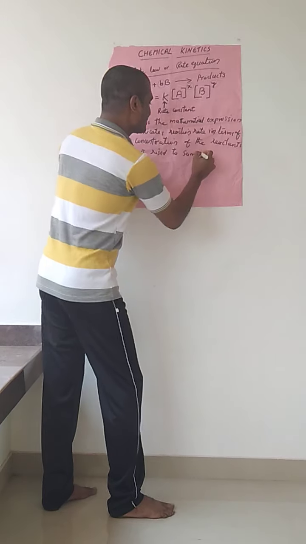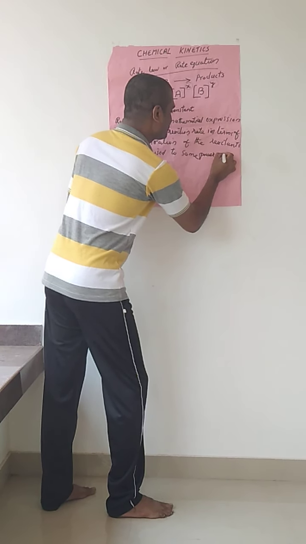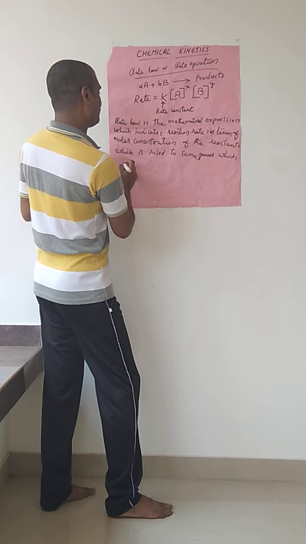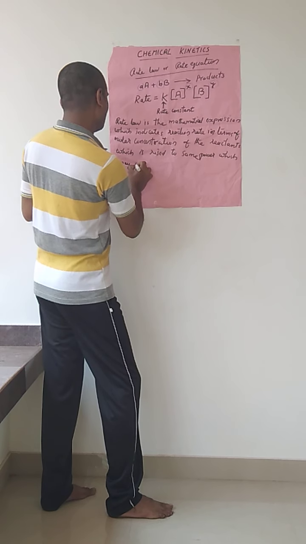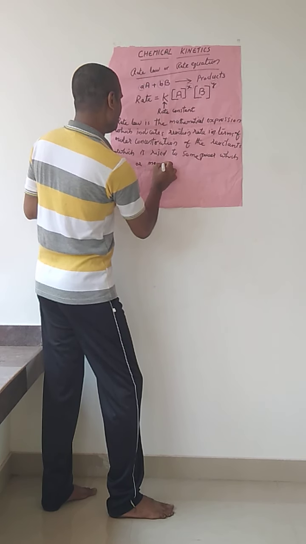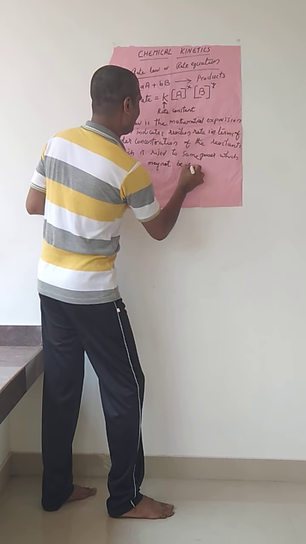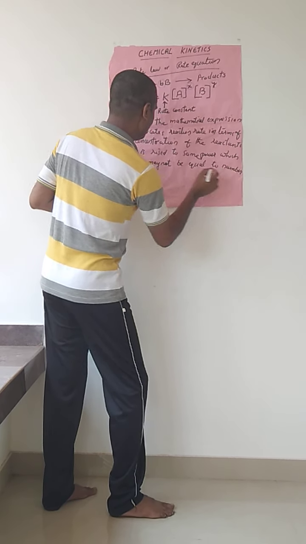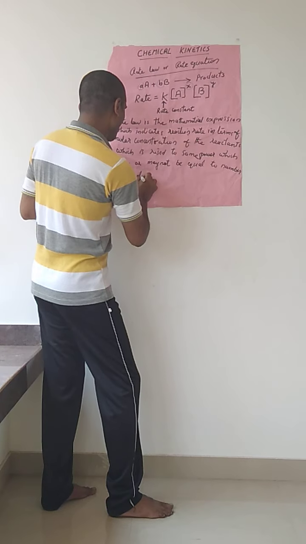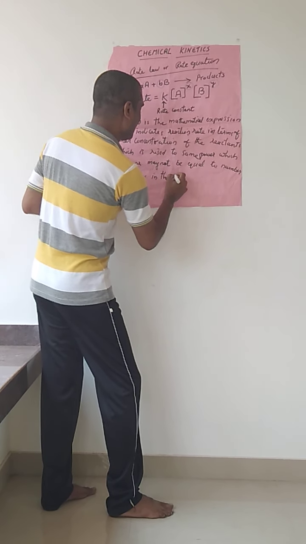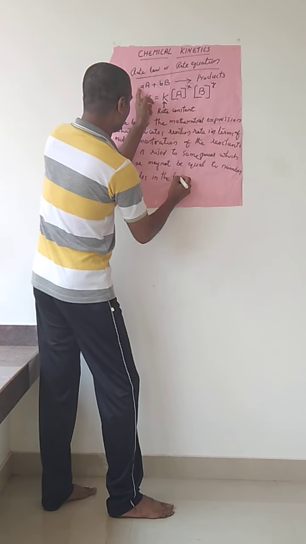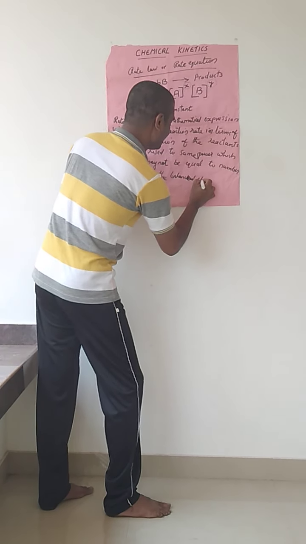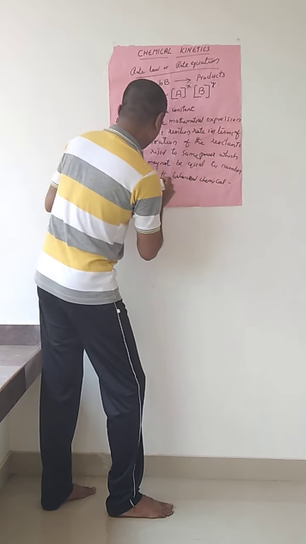Some power which may or may not be equal to the number of moles in the balanced chemical equation, that is A moles of A and B moles of B.